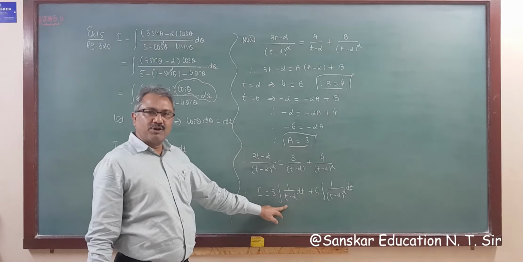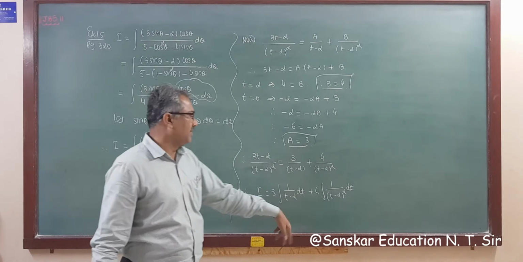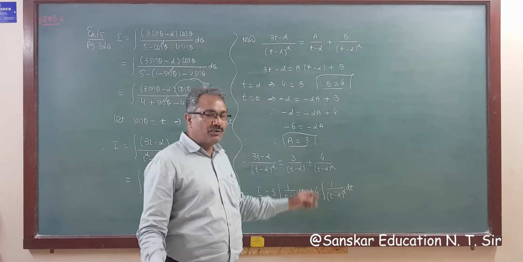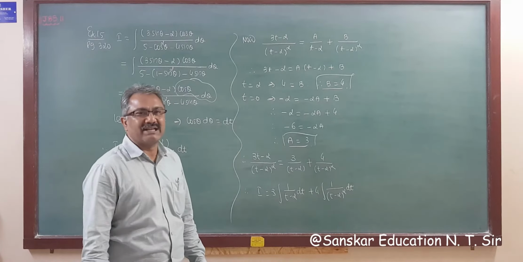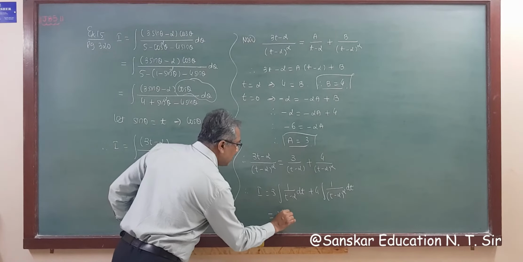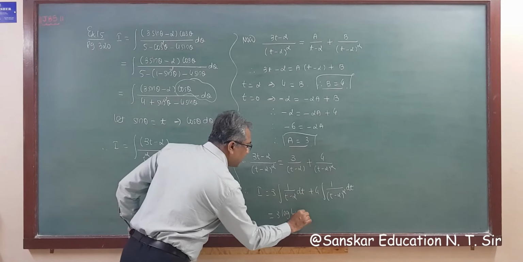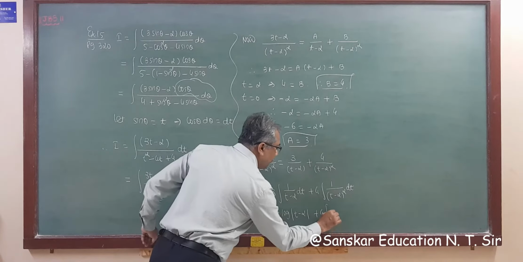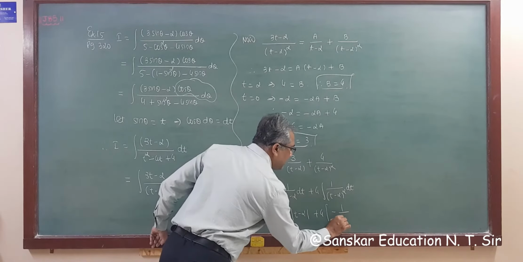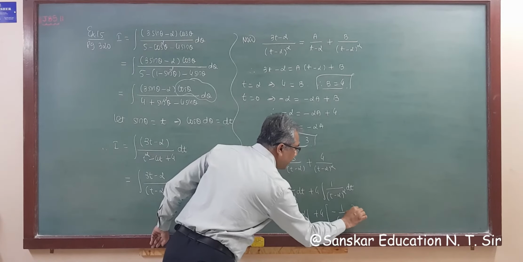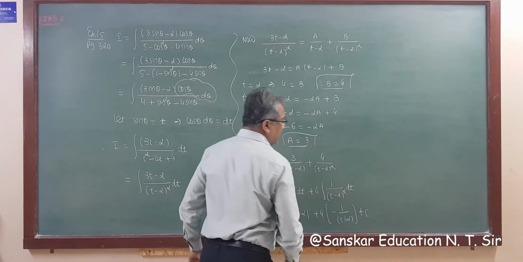So the derivative of the denominator is in the numerator. The derivative of the denominator is not in the numerator for the second one because this is a square. But you know, the integration of 1 upon x square is minus 1 upon x. So this is 3 times log mod (t minus 2) plus 4 into minus 1 upon (t minus 2), and plus c, right?